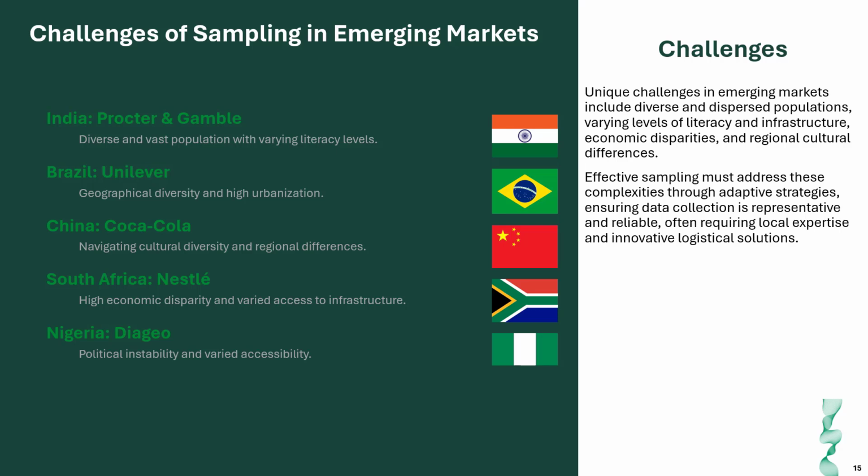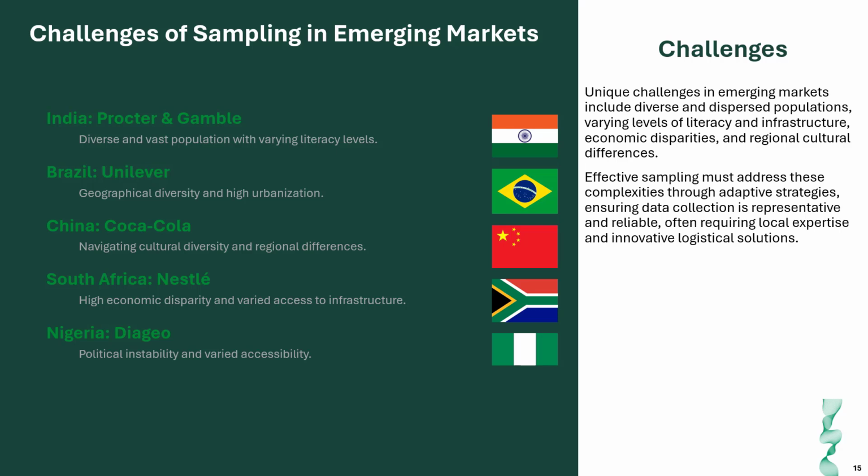And then in Nigeria, I have a hard time saying this company's name, Diageo. Political instability and varied accessibility, as oftentimes is the case in many of the 54 or 55 countries in Africa, depending on who's counting. There's actually a sort of a debate about the number of countries, but there are 54 or 55. I generally like to go with 54, and many of them do have political instability and perhaps varied accessibility along with the infrastructure.